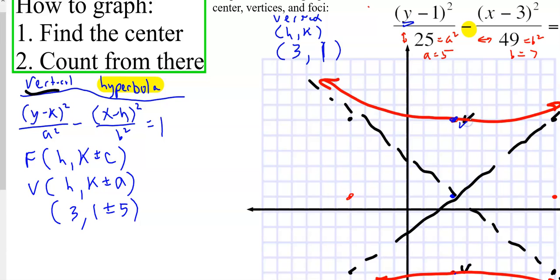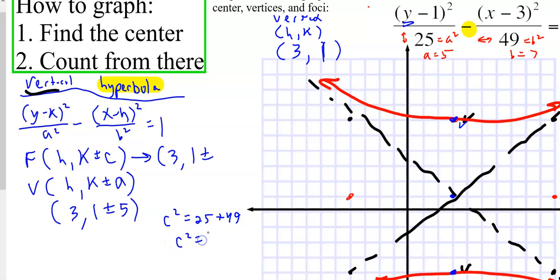That's one of my vertex points. 1 minus 5 is negative 4, so 3, comma negative 4 is my other vertex point. So it hits those exactly. If we do this formula, h would be 3, k is 1 plus or minus c. We have to figure out c. So c squared equals a squared plus b squared, which would be 25 plus 49 here.